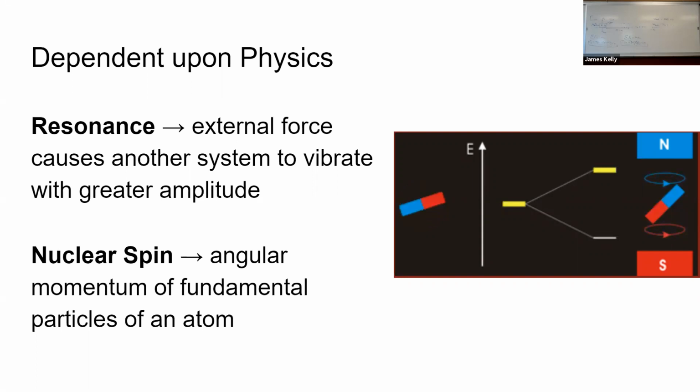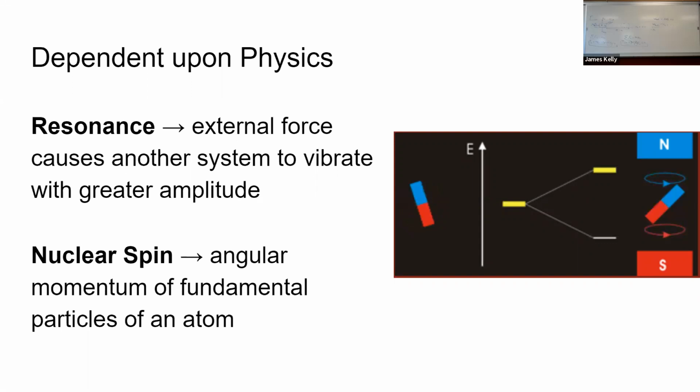So fundamental particle, we can't get any smaller than that. This angular momentum is only exhibited by atomic nuclei with an odd number of protons or neutrons. And those with even numbers will not have any kind of nuclear spin. So for NMR spectroscopy, you would rely on protons, since they are a singular proton, or carbon-13, since they have that odd number.